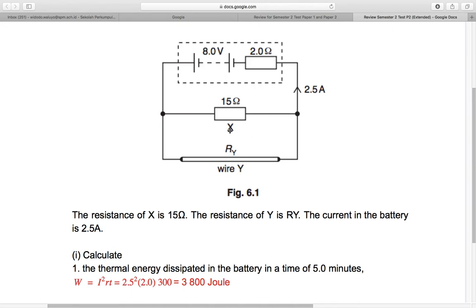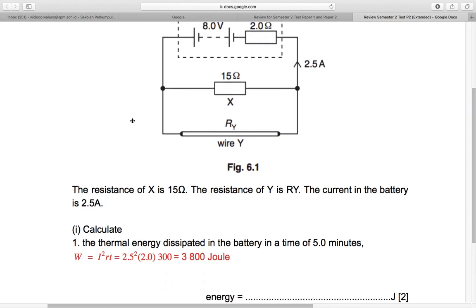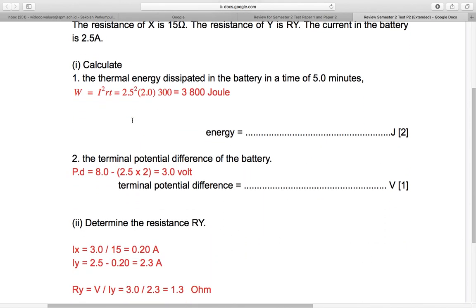So Ix is 3 volt divided by 15 by Ohm's law, which equals 0.2 ampere.